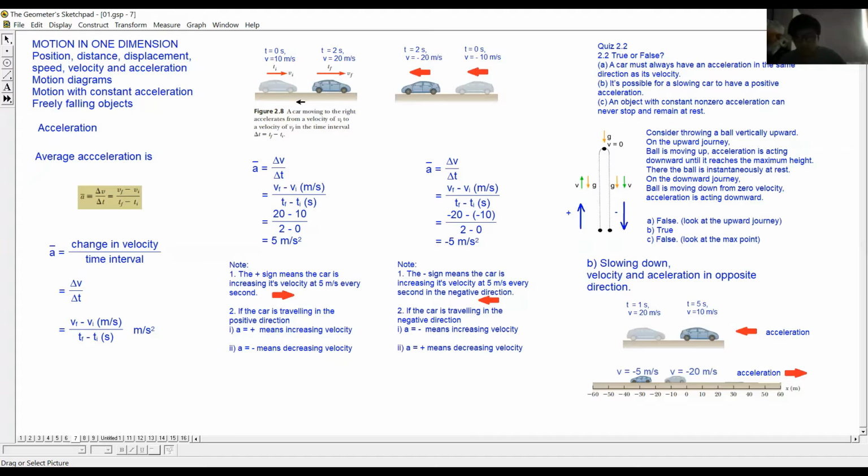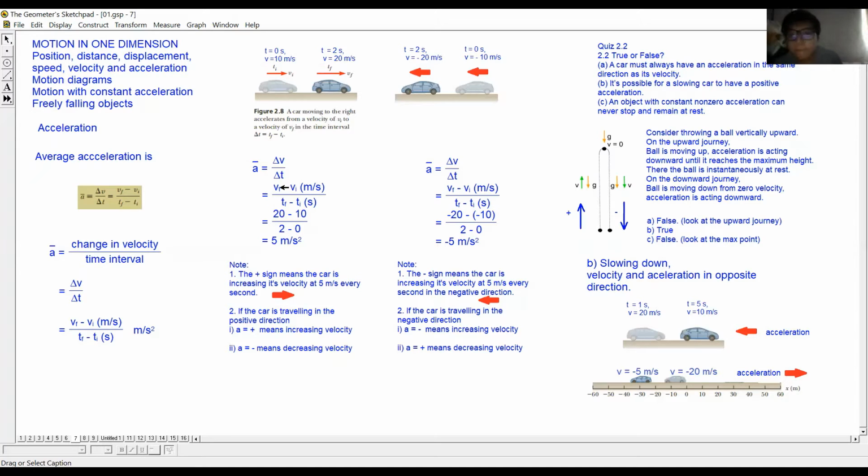So what is the average acceleration during this period of time, from t0 to t2? We use the definition of average acceleration, that is delta v over delta t.